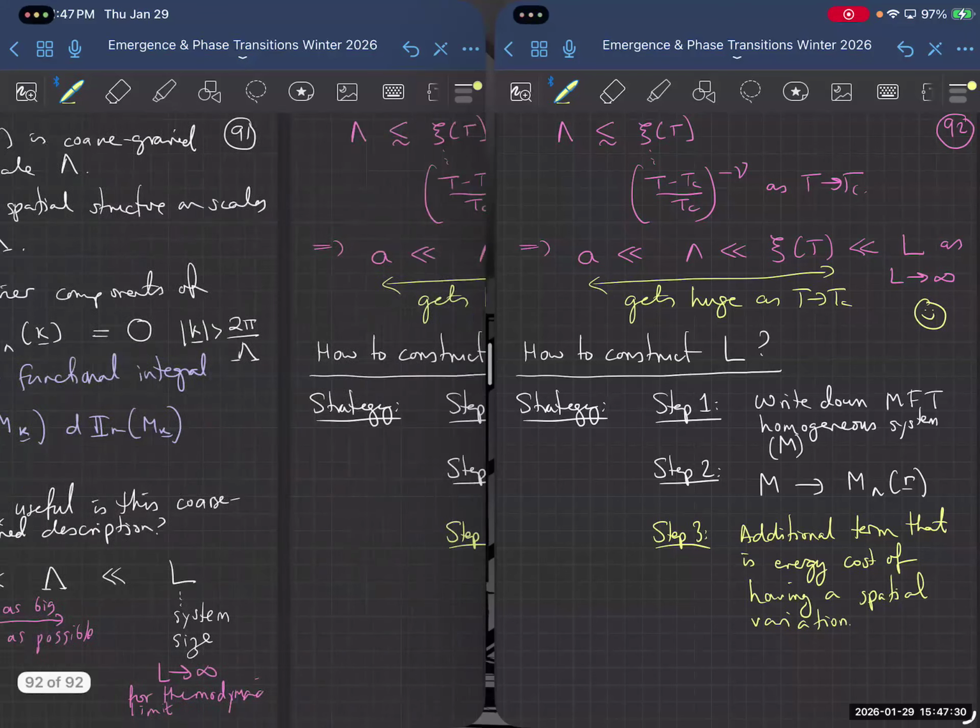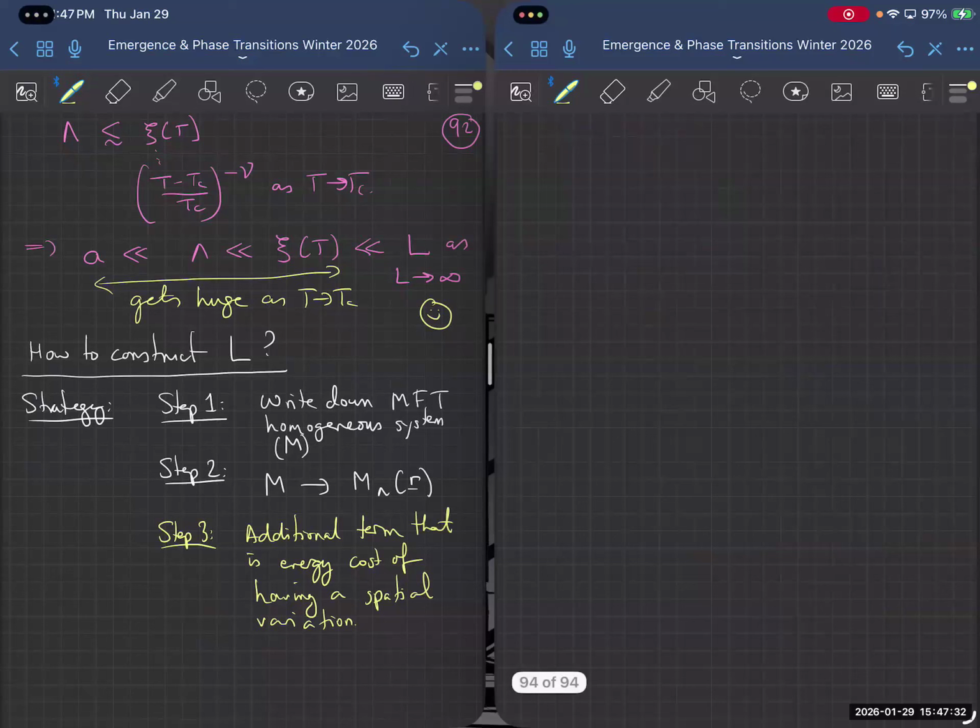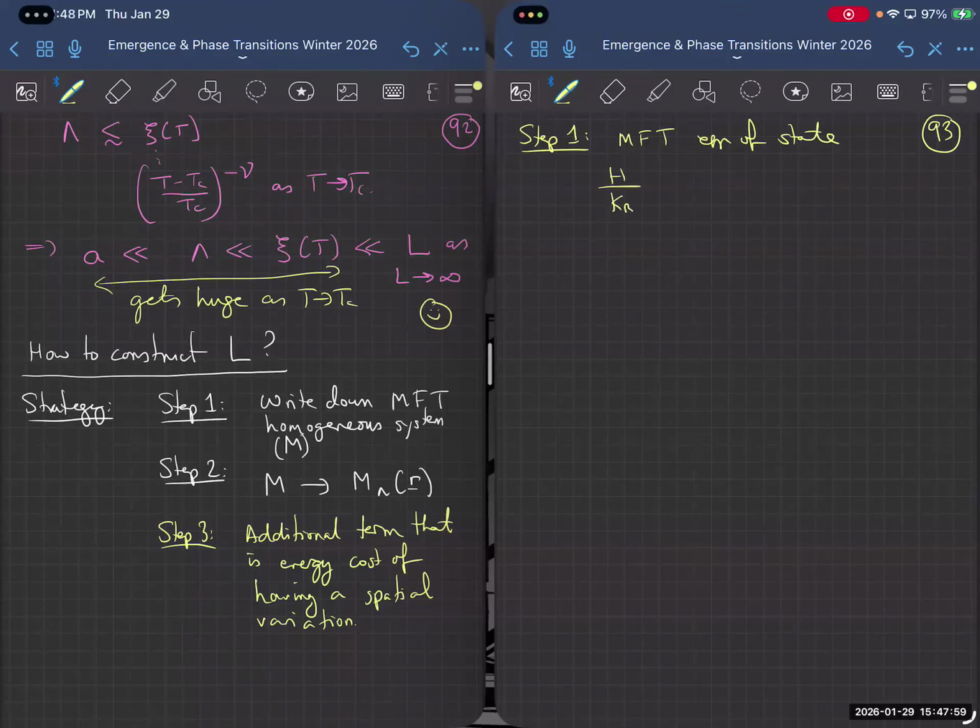So let me write this down for you in a very quick way. So we know the equation of state for mean field theory is H over KBT is equal to M T plus M cubed.